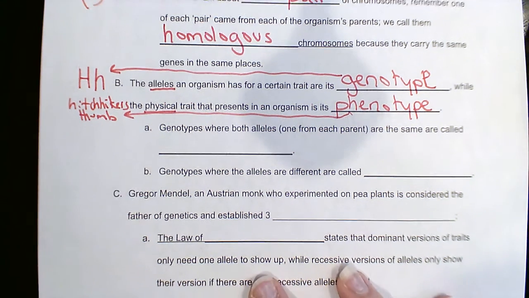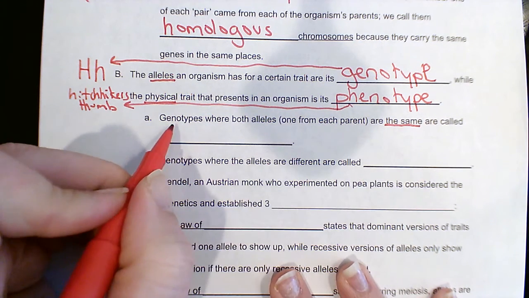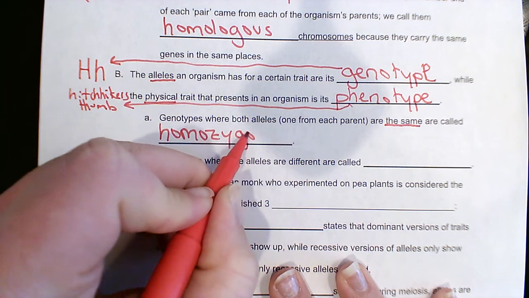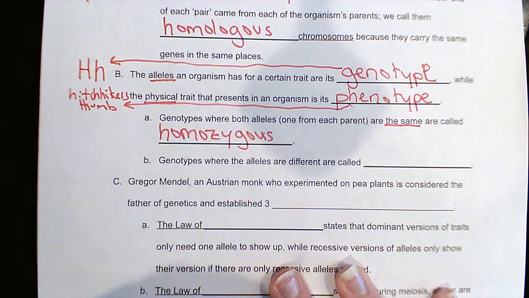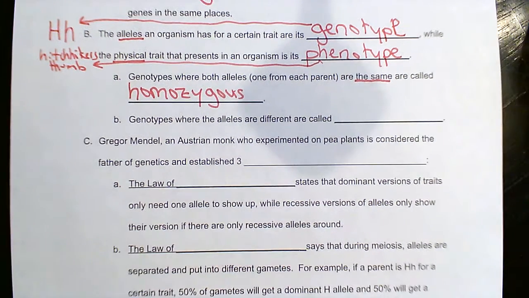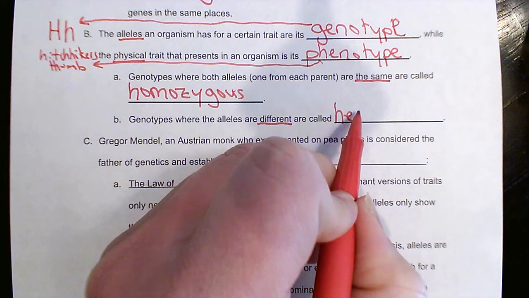All right, so genotypes where both alleles are the same, identical. Again, homo means same. We call them homozygous. Or if you were referring to them, you could say they are a homozygote. But I usually use homozygous. And then if they're different, instead of homozygous, they would be heterozygous.